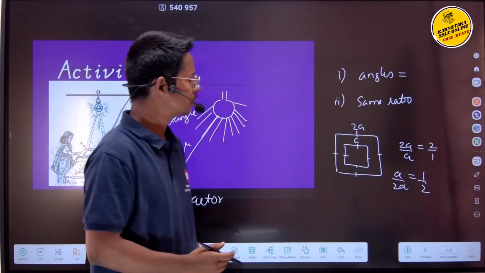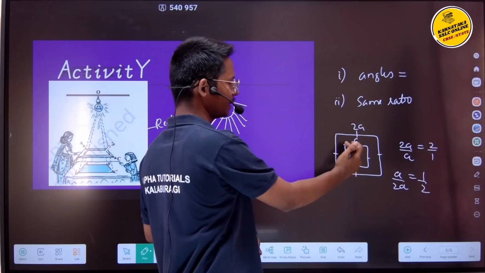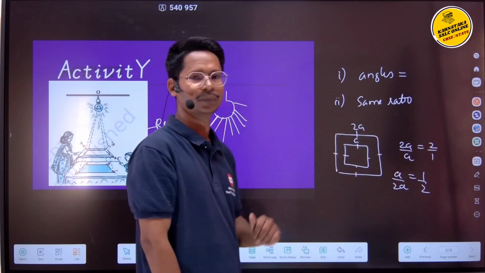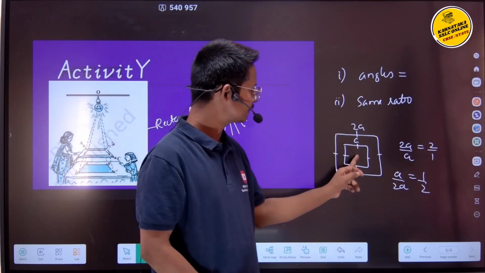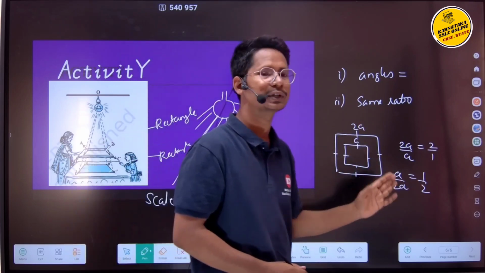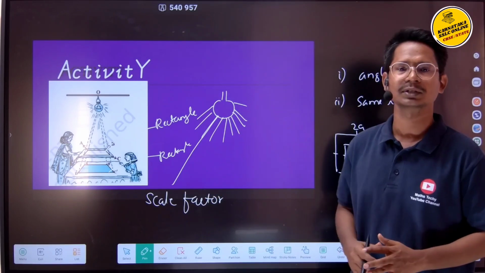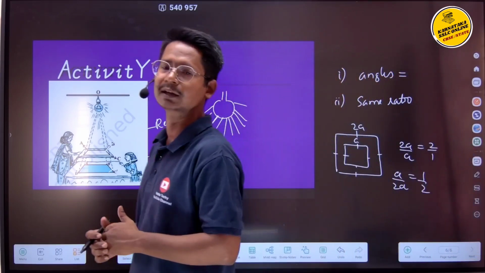With respect to comparison, if I am comparing the second figure with the first figure, the scale factor is 2. If I am comparing the first figure with the second, the scale factor is 1 by 2. You need to know this because these are important keywords, and such keywords can be used in framing the question.